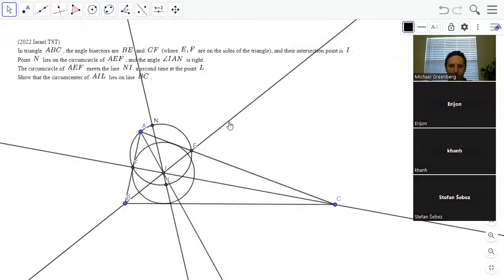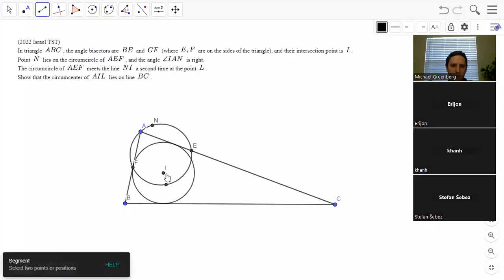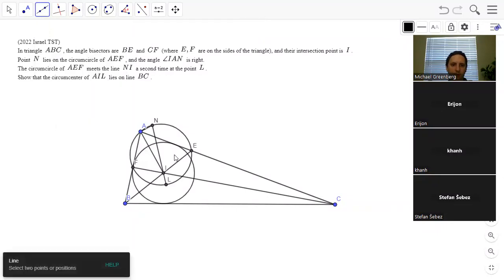I'm not sure. So NI meets it at point L. And E and F are the feet of the angle bisectors. So maybe it's worth letting EI, because we know that this is harmonic. I wonder if EF, AN, and BC concur.